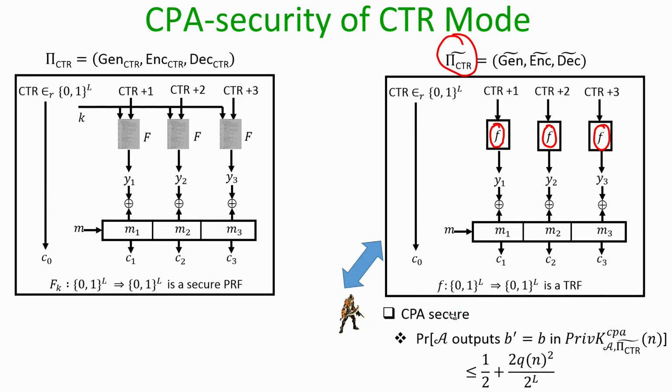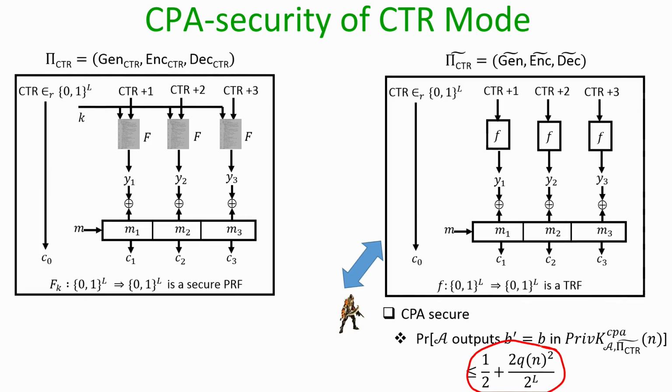Now, what we are going to prove next is that if we consider this variant based on a truly random function, and any arbitrary polytime adversary participating in an instance of the CPA indistinguishability game and making a total of q(n) encryption oracle queries, then the probability with which that adversary can win the CPA game is upper bounded by this quantity.